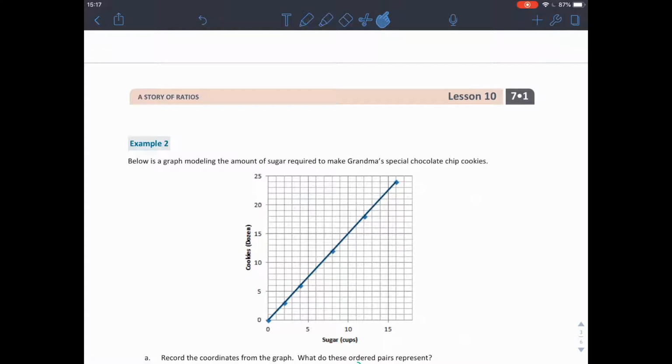Remember, when we write coordinates, we put our x value first, followed by our y value, and we put them both in parentheses separated by a comma. You can pause the video now to write down the coordinates that you can find, and then write down a sentence using the one in our example before to say what these ordered pairs represent.